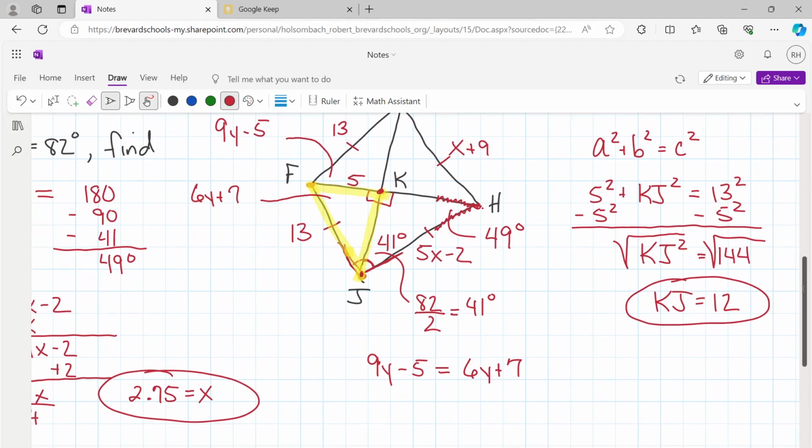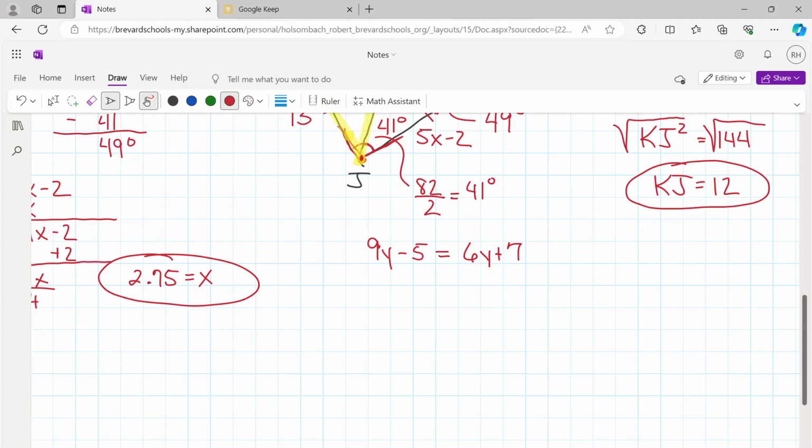So again, let's just solve for y here. Going to subtract 6y from each side. So 3y minus 5 is equal to 7. And add 5 to each side. So our 3y is going to equal 12.